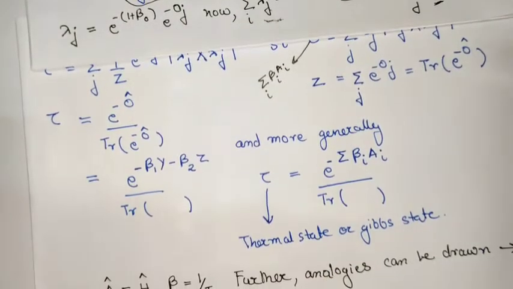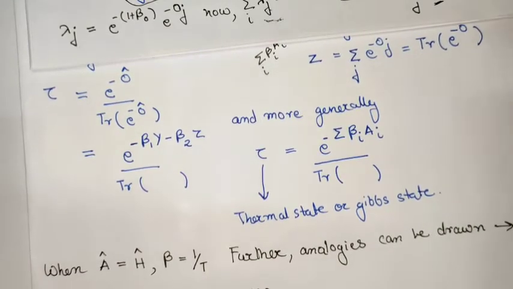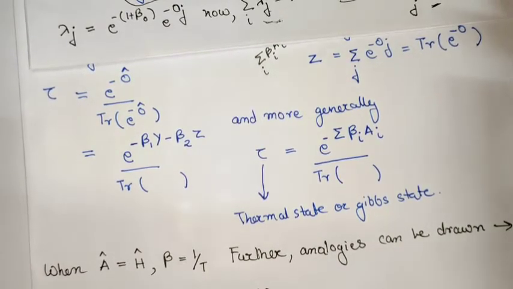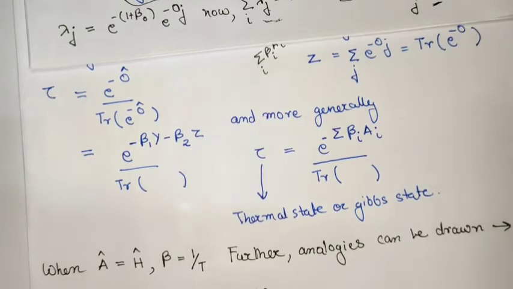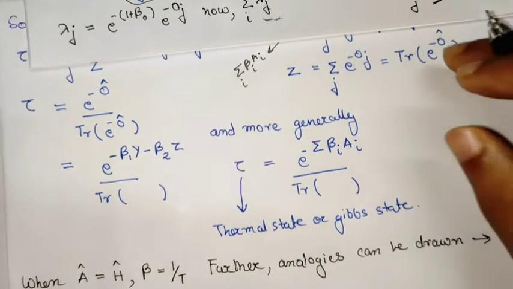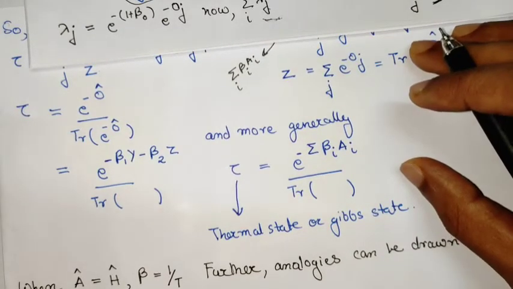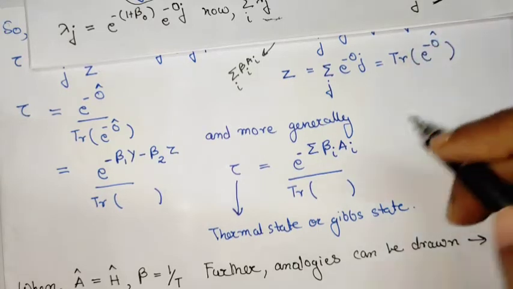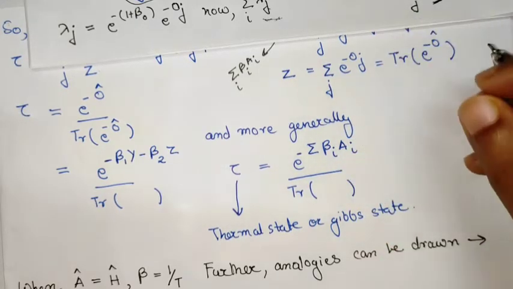With this understanding, we have finally been able to write the thermal state or the Gibbs state. And you see, while writing this state, we automatically saw the notion of partition function coming out, and the notion of beta, that is 1 over temperature, also coming out.